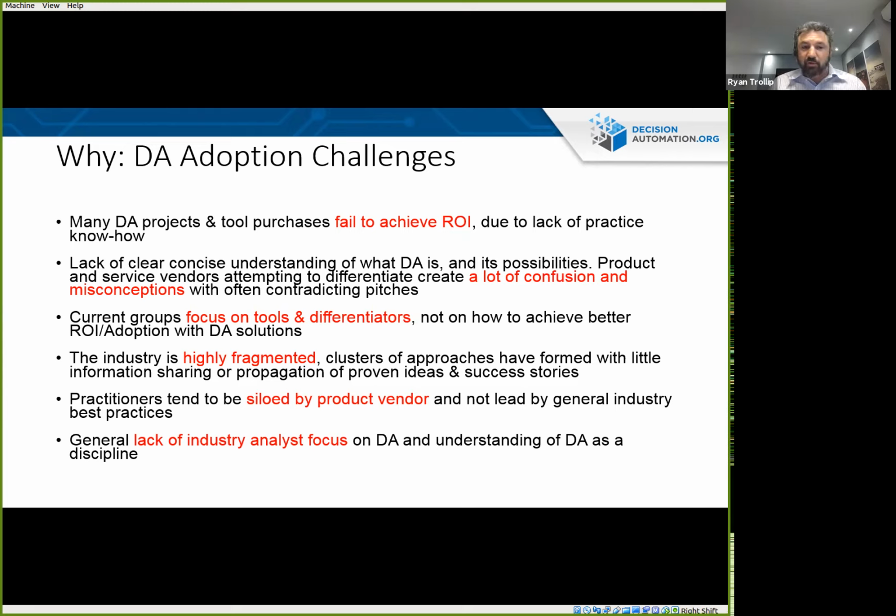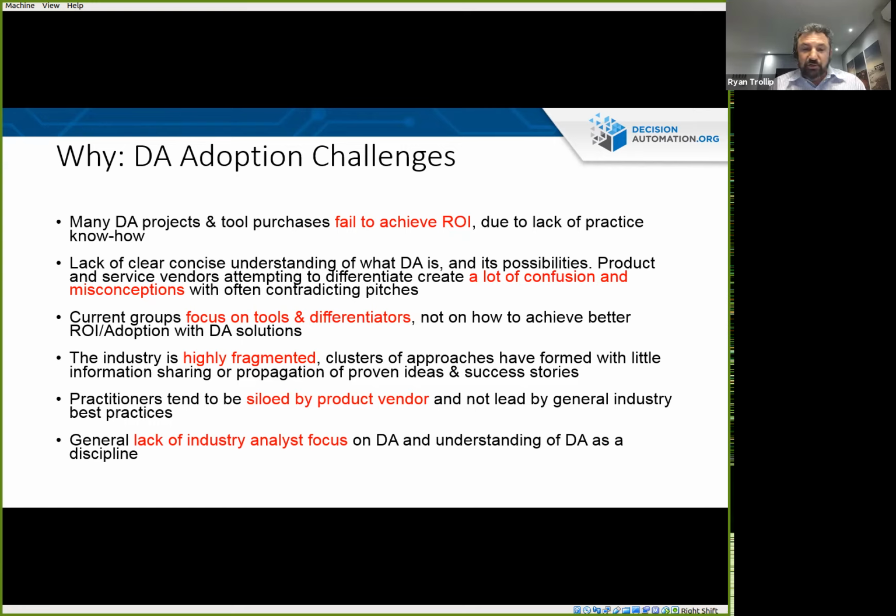So we're working together, and this is the first initiative that we've kicked off, which is getting DMN more widely adopted. So the challenges that we see, obviously there's many customers that fail to achieve ROI. They do one project and they're done, instead of doing many projects or use cases within decision automation.